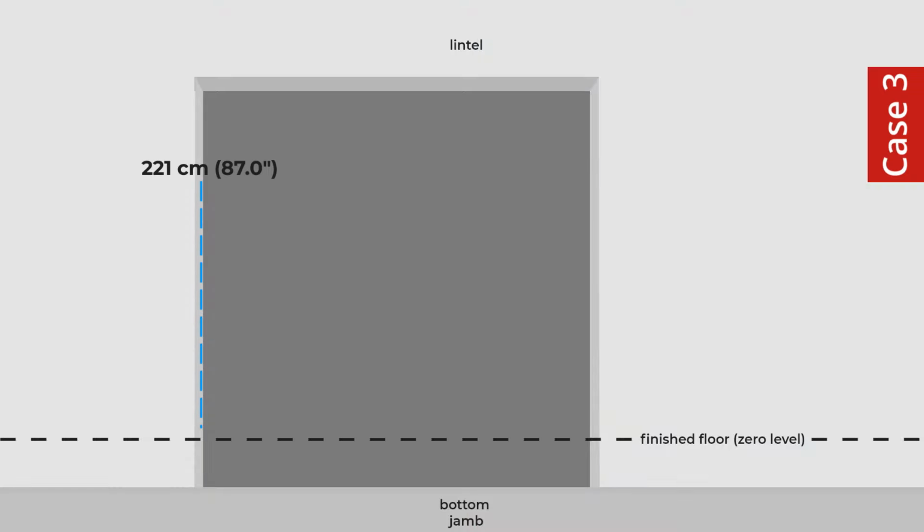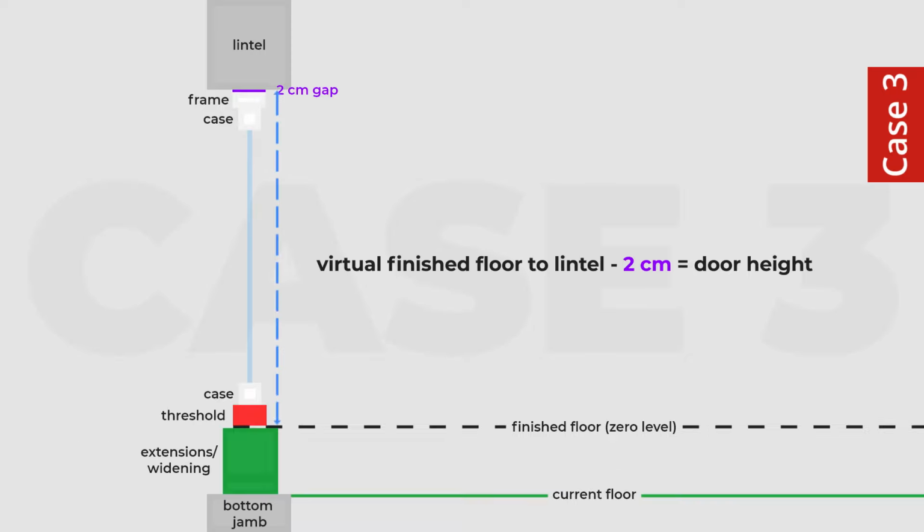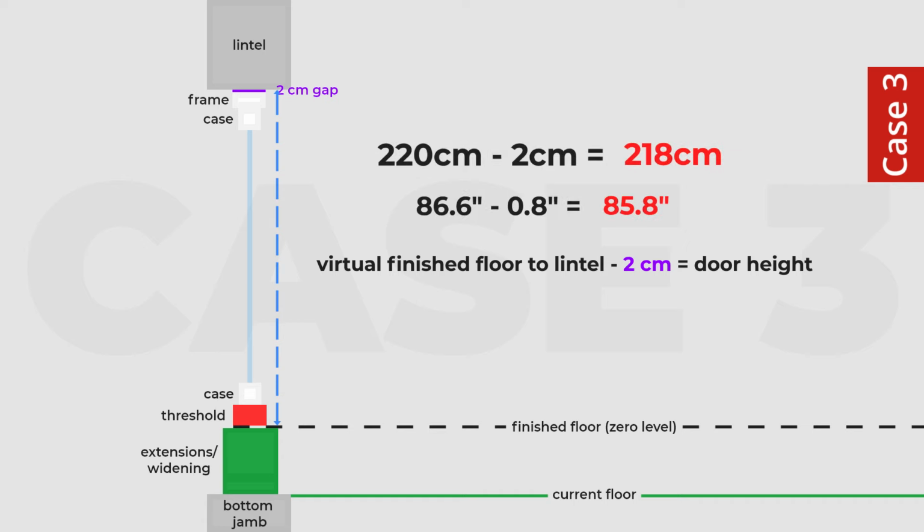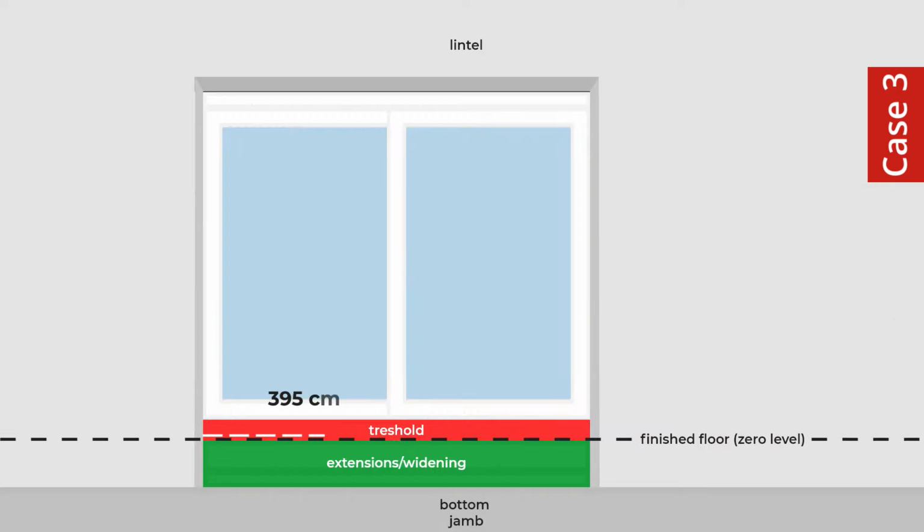What about height? With identical assumptions, from the future floor to the drive rail height: left 221, right 221, in the middle 220 centimeters. The door will be 220 centimeters minus 2 centimeters equals 218 centimeters high. Thus, the size of this finished door is 395 centimeters by 218 centimeters.